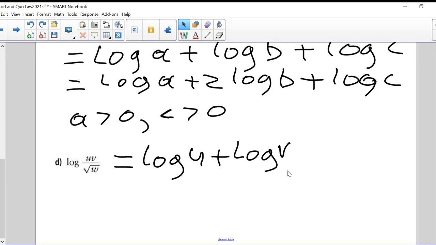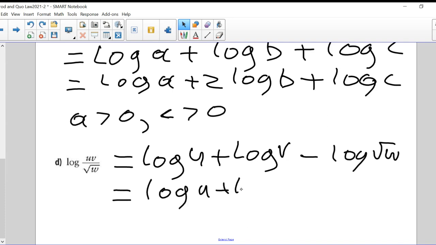And then minus the log of the square root of w. And yes, what Jeremy just said is true. I can write that as the log of u plus the log of v minus half of the log of w. Where does that half come from? Because that's the exponent on the w.